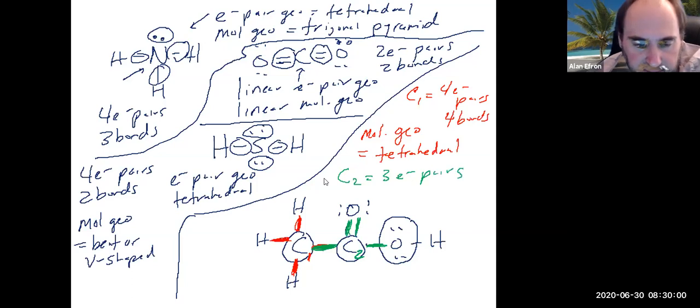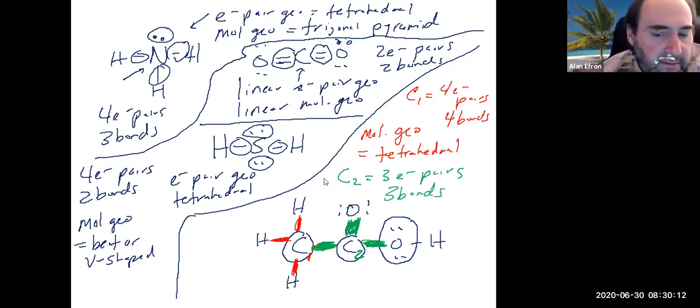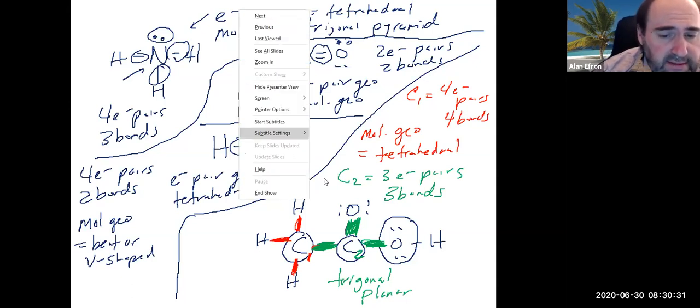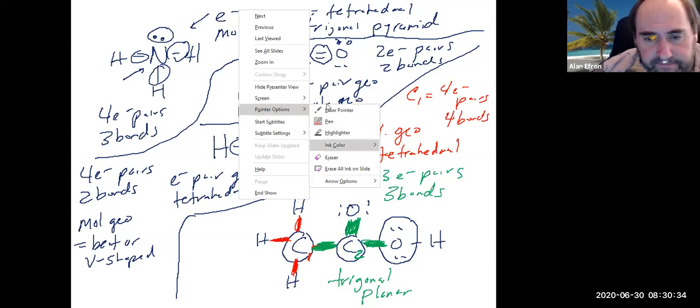In terms of bonds, we have 1 bond here, 1 bond here, and the double bond counts as only 1 bond, so it has 3 bonds. So the molecular geometry for the carbon in the middle, carbon number 2, with 3 electron pairs and 3 bonds, is trigonal planar. You can see these first 2 have different geometries because of the types of bonds you've got going on.